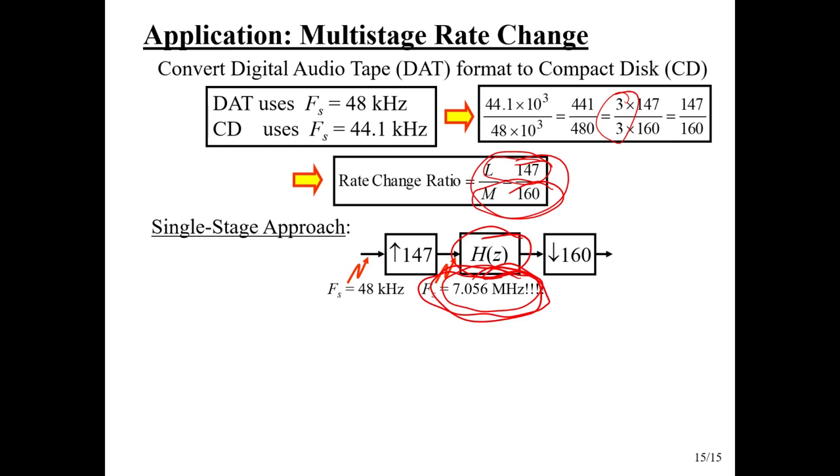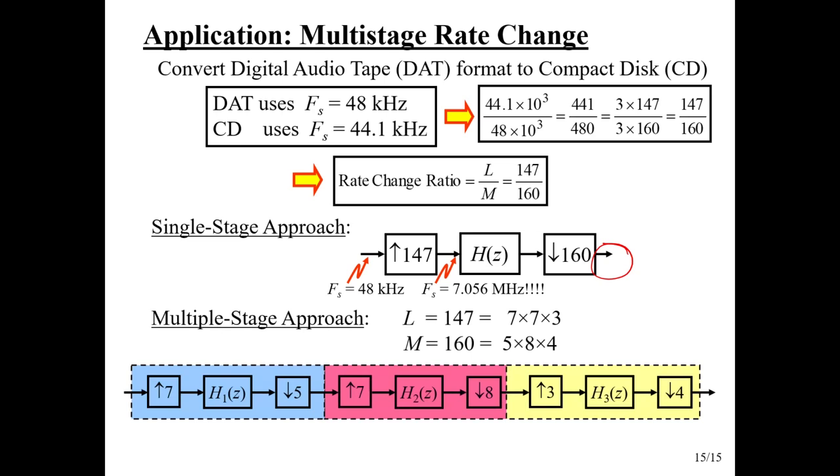That's pretty fast, given that we really are going to end up with samples at 44.1. So we kind of want to avoid that. It's not just the number of computations that you have to do, it's the rate at which you have to do those computations. So let's look at a multi-stage approach.